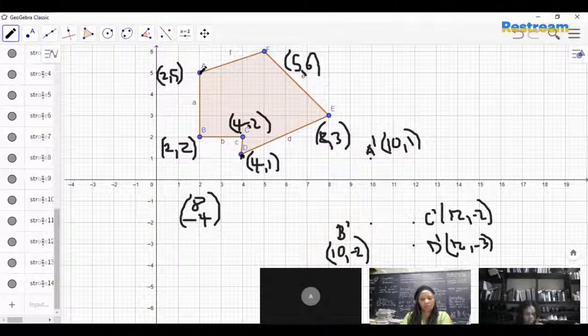So do you actually have to plot it? Yeah, you have to plot the object and plot the image.